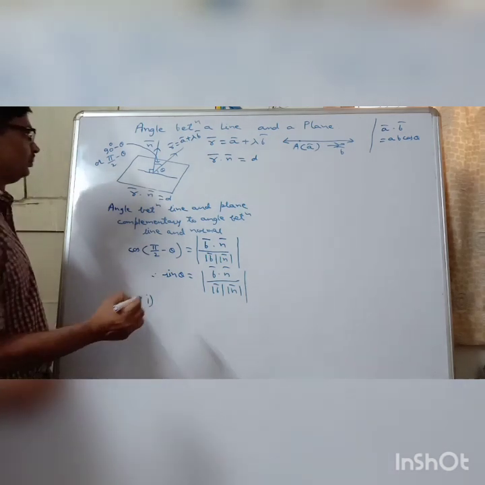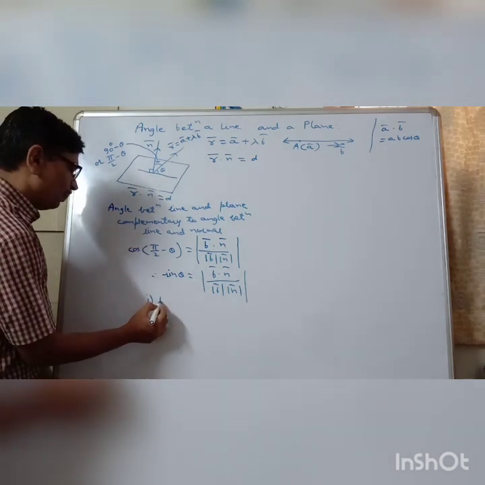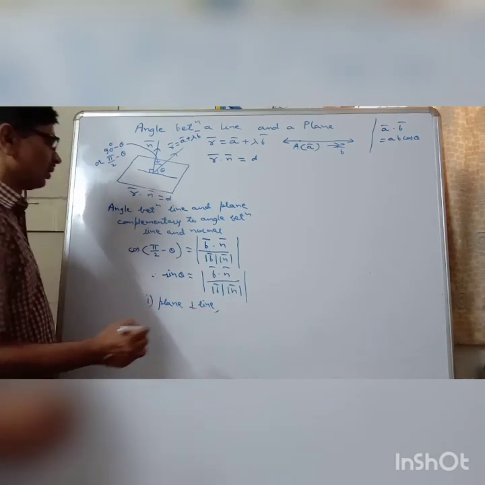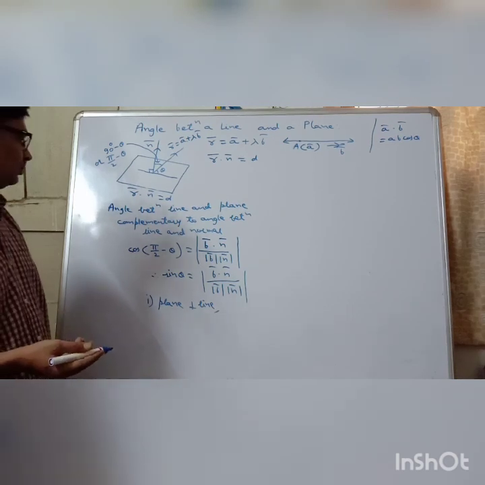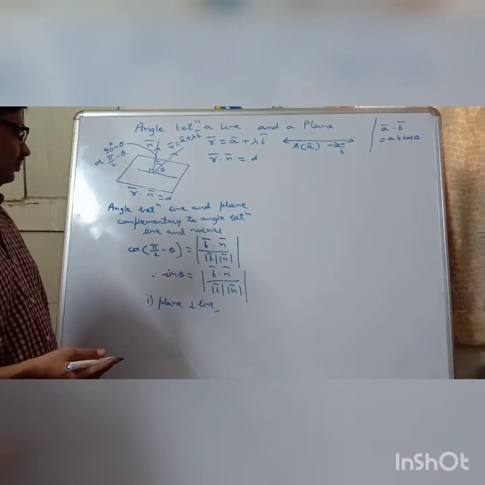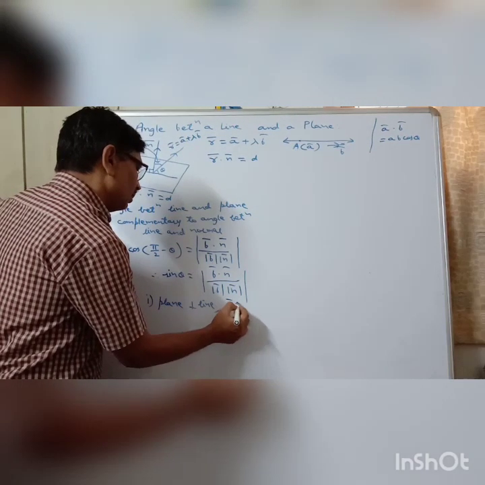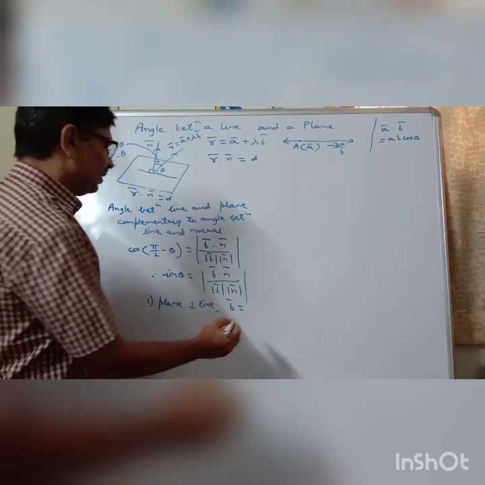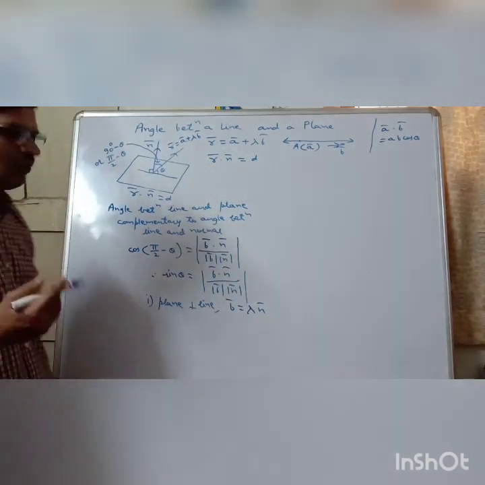Now here, if the plane is perpendicular to the line, in that case b bar and n bar are parallel to each other. So b bar can be written as a scalar multiple of n bar.